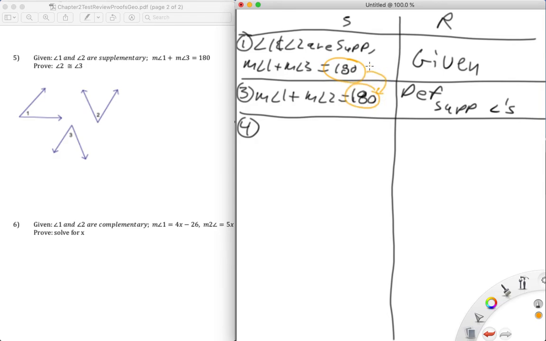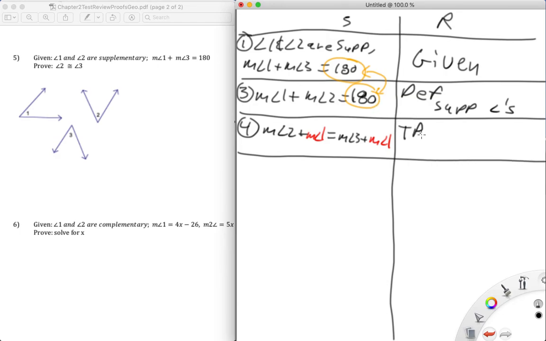So I can get rid of the 180 and say, okay, since they both equal the same thing, then they can equal each other. And I can say that the measure of angle 2 plus the measure of angle 1 is equal to the measure of angle 3 plus the measure of angle 1 because of the transitive property of equality.